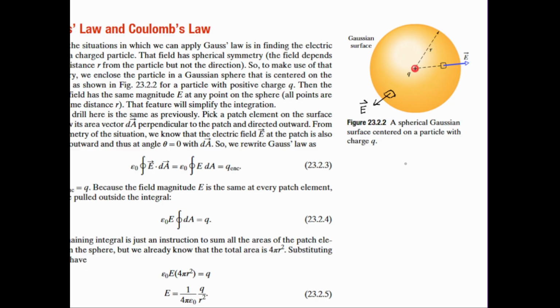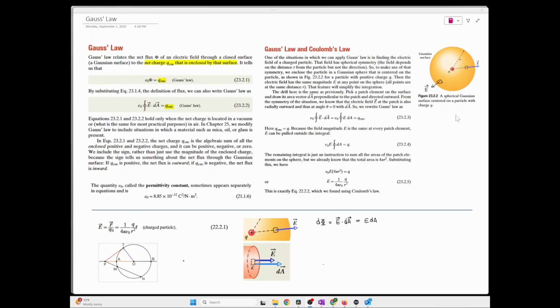First, the electric field is pointing outward, and second, the electric field is perpendicular to the surface. So we can perform a summation of the electric flux over the entire surface. And since in our case, a summation is just the same as an integral, we can do an integral over the entire surface.